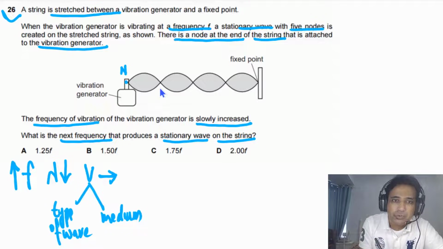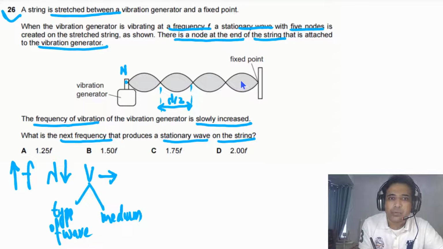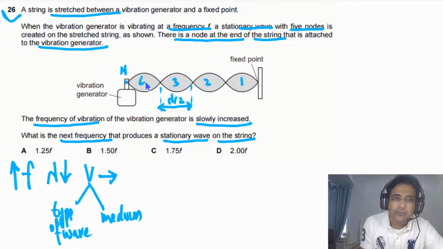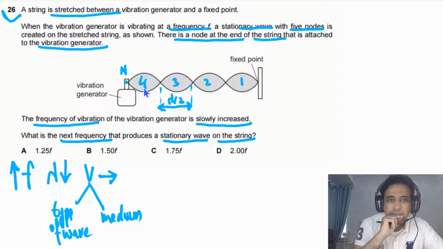Also we need to understand that the distance between two consecutive nodes is equal to lambda by 2. In this case, how many loops do we have? We have 1 loop, 2, 3 and 4 loops. So for this one we can find the lambda.